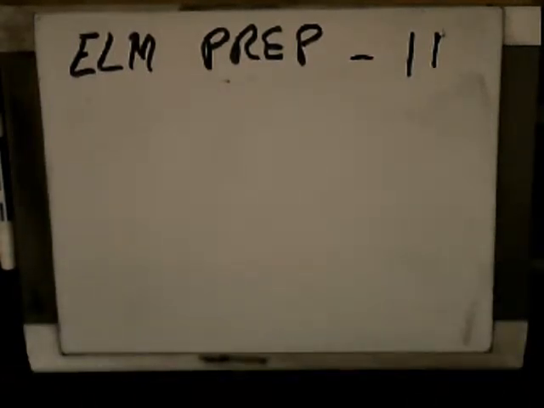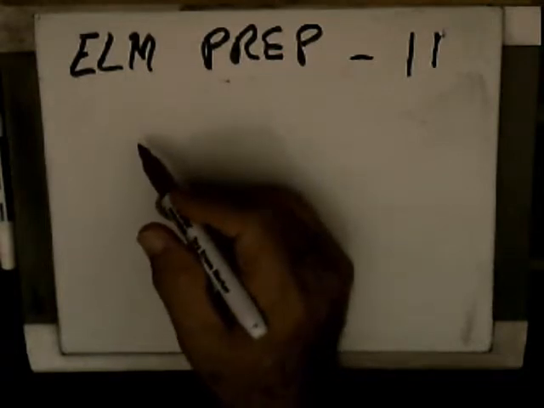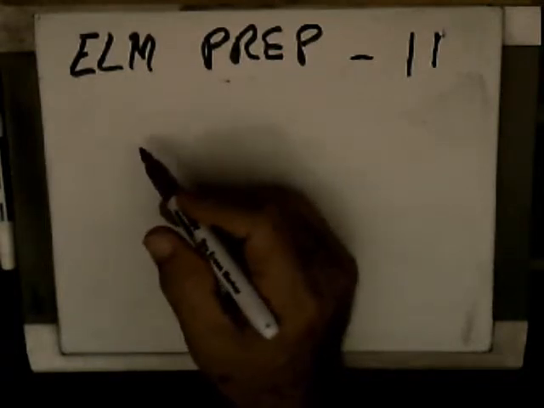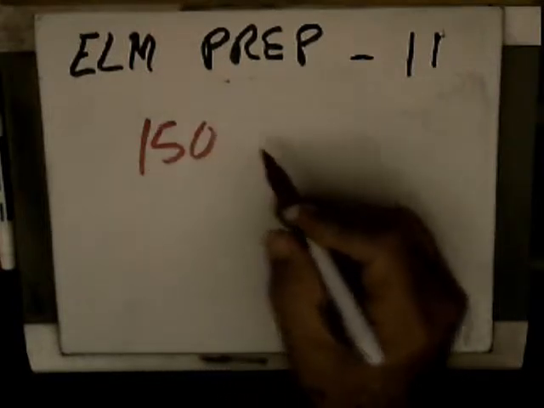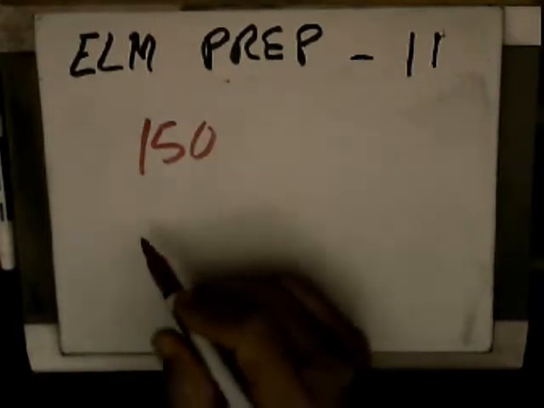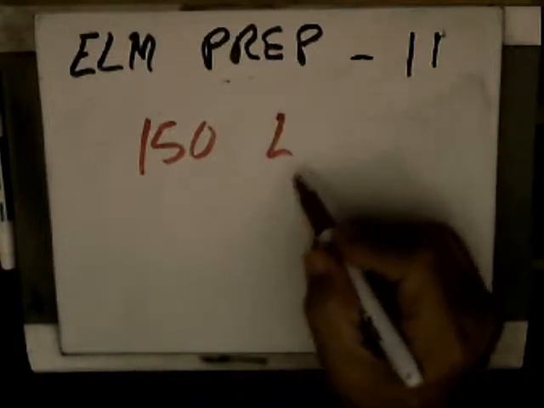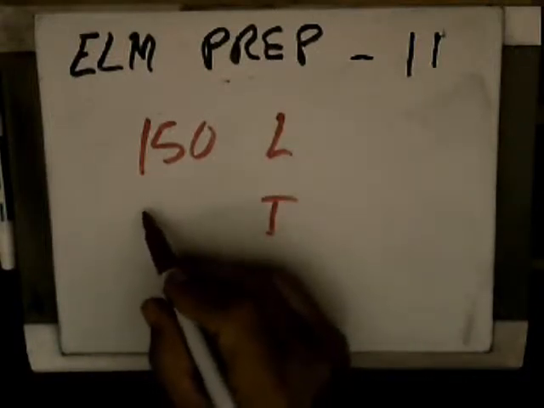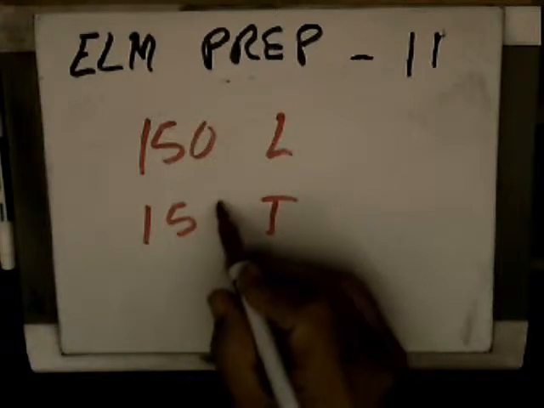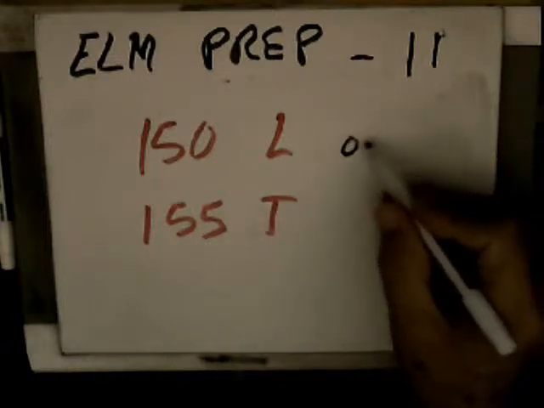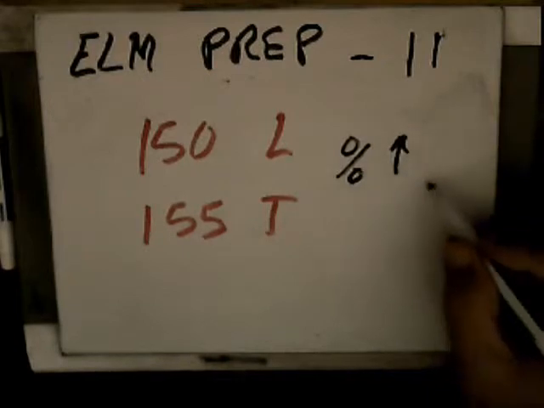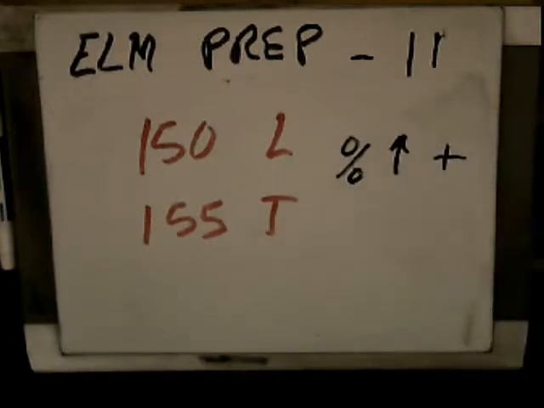Okay, so we have a parking lot, and in our parking lot, the average number last term was 150 cars. And this term it averages 155 cars. Obviously, we've increased the number of cars on average. So if we were looking at a percent here, it would be a percent increase. That implies that our answer is going to be positive.